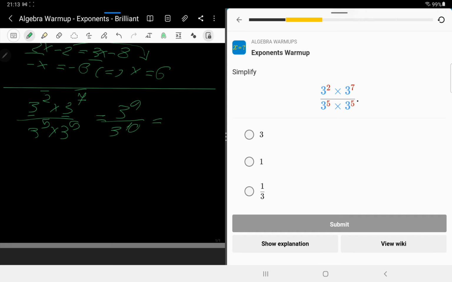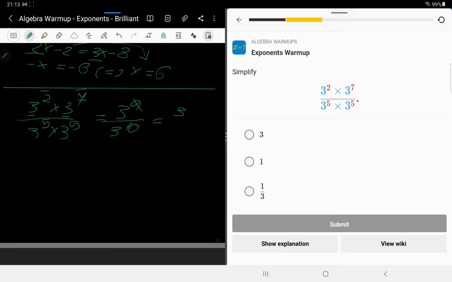So that's equal to, in this case, when you have a division, 3 to the power of 9 over 3 to the power of 10, this is going to be 1 over 3, because, not actually sure how to explain this, but if you divide, it's 3 to the power of minus 1.